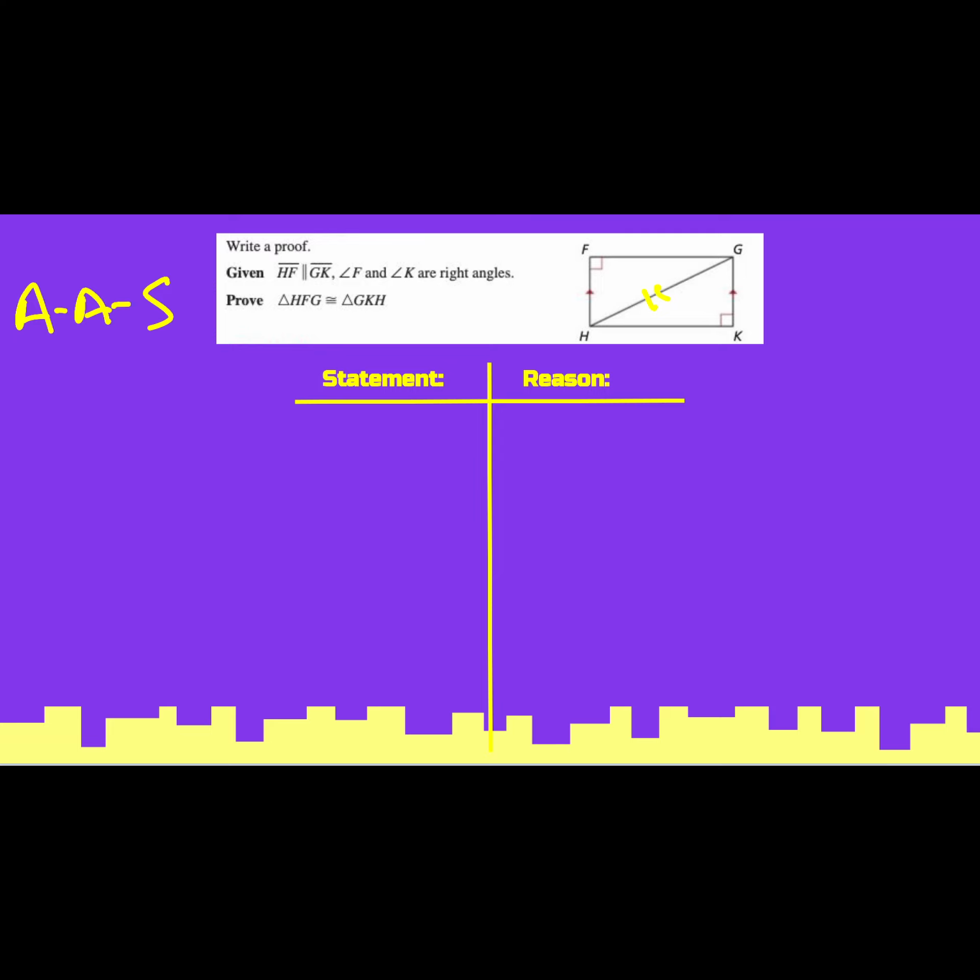What they do tell us is that HF and GK are parallel. That helps us a lot down the road, just like last time.